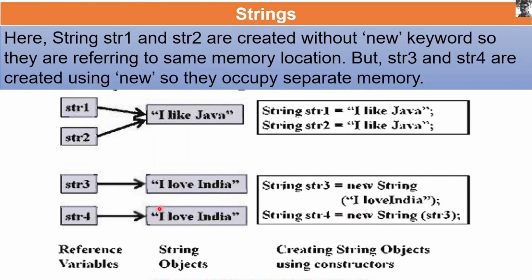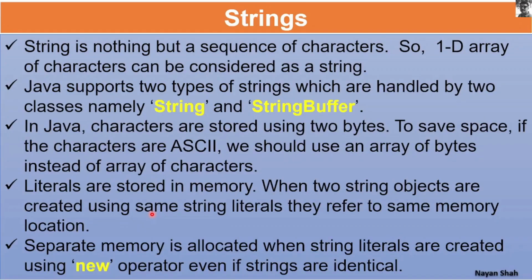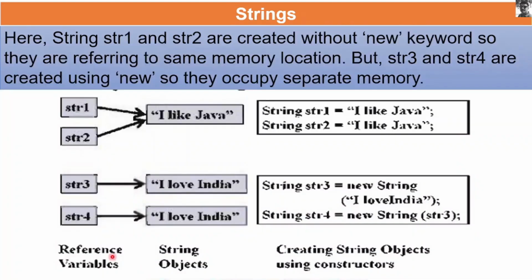So even though the strings are the same, "I love India", they occupy separate memory locations. So remember, these two points explain that if you create any object, not only a string object, any object using the new operator, then only that object is provided a unique memory location. So that is how we create a string.